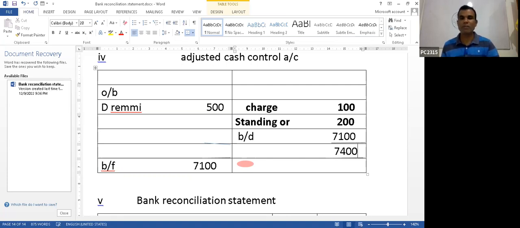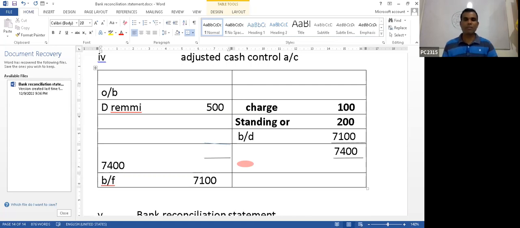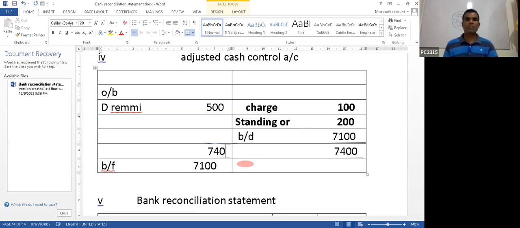The same amount should be recorded here, 7,400. So 400 is the value, and then you can find out the difference.